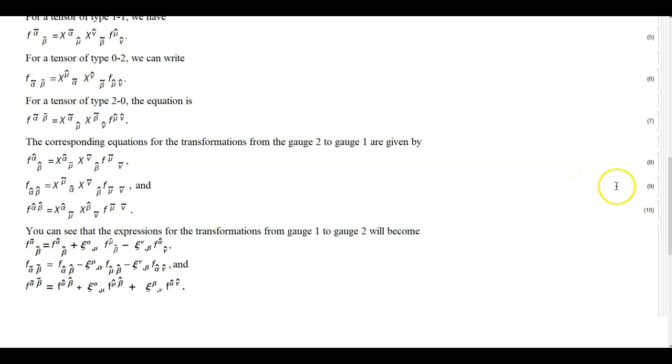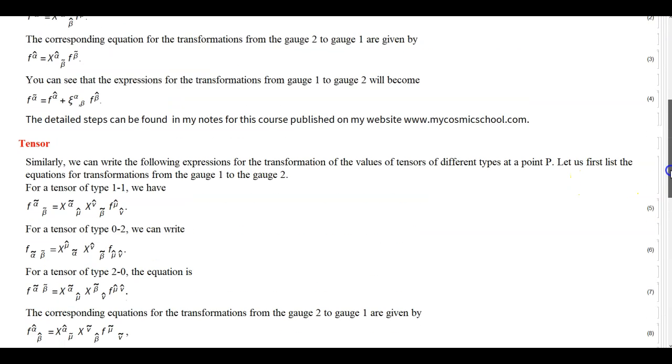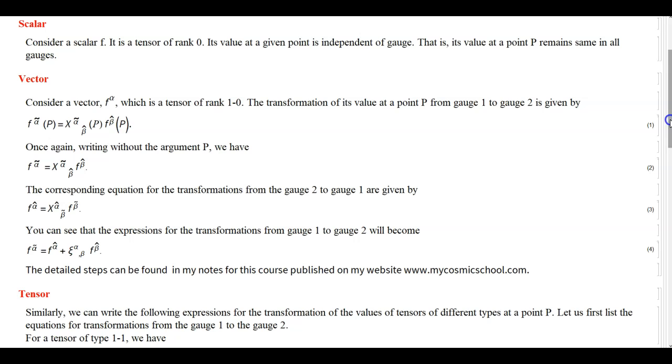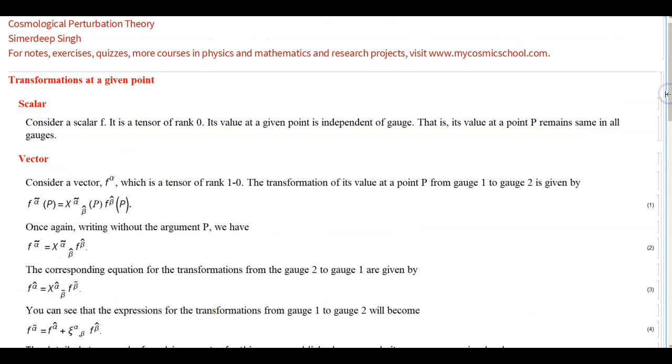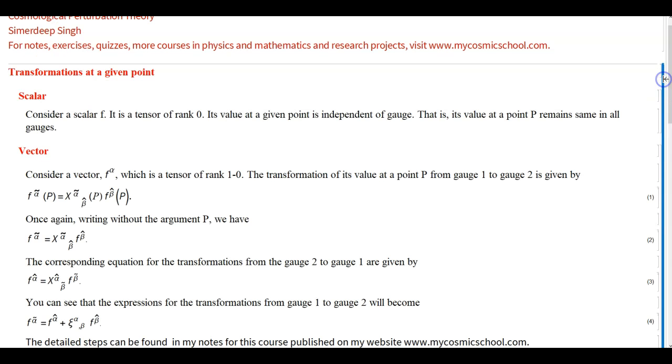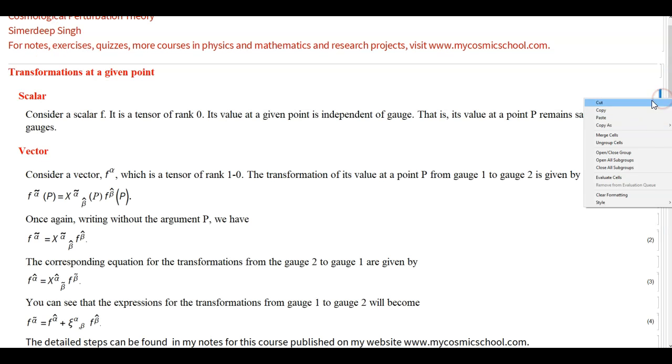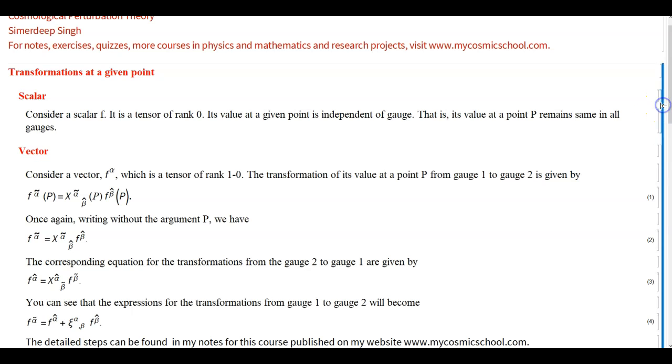Do not forget that we are looking at one given point. So our scenario is the fixed point scenario, not the fixed set of coordinates, but the fixed point. The point is fixed in all gauges.